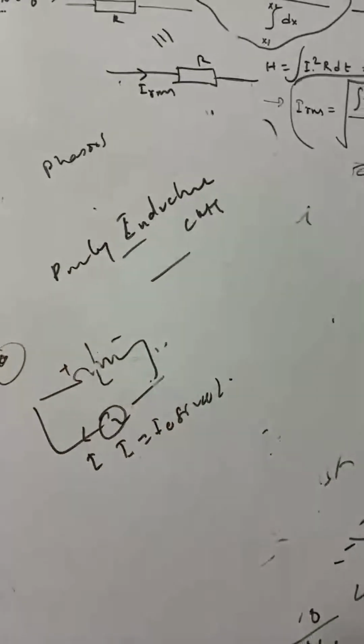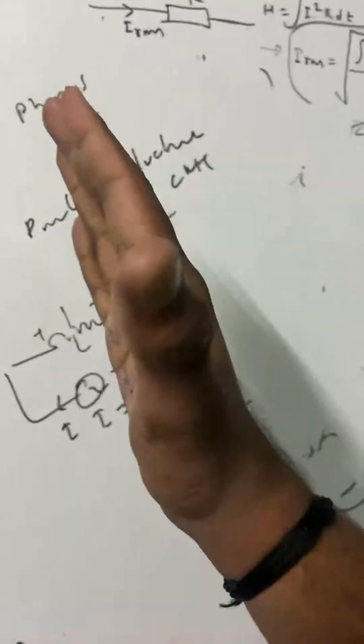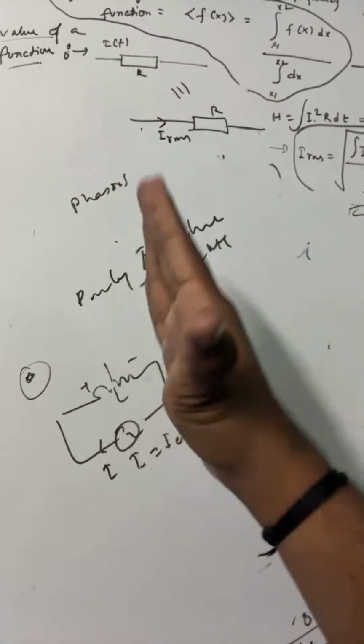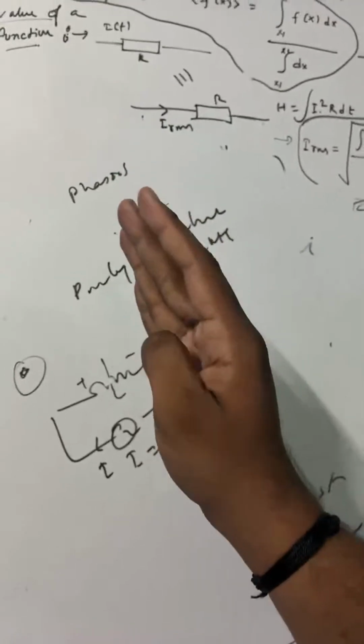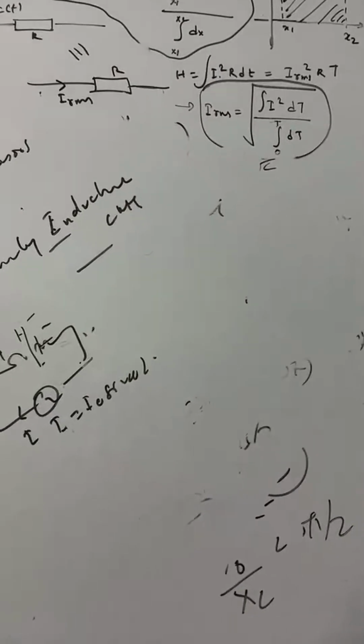But according to Lenz's law, which you have learned, it will try to oppose it, right? So it will try to oppose it. So when we are aligning the thumb towards the magnetic field, the palm side will give the positive. So it will be like this, positive, negative, right?